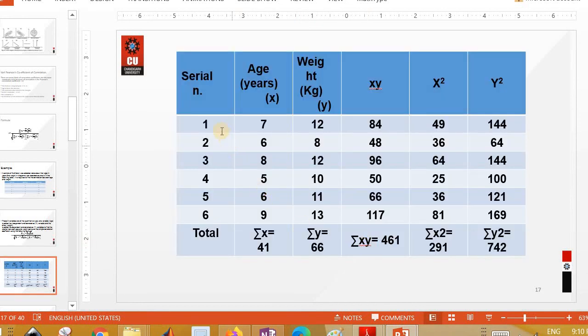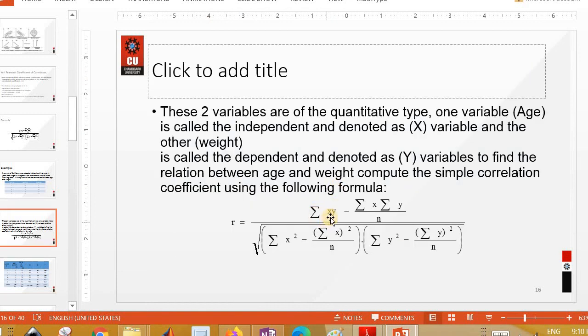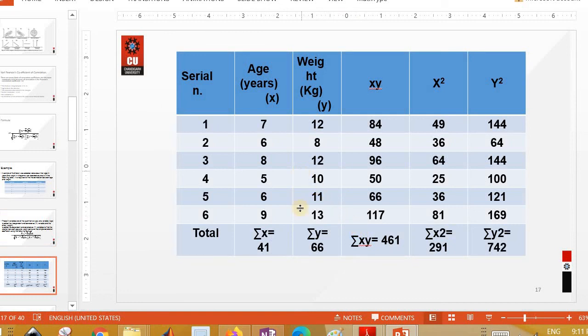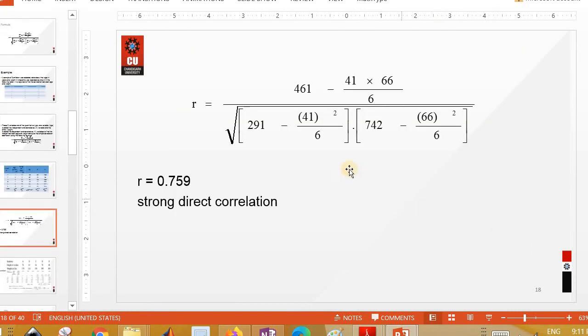Now we create our table with the terms needed, that is summation of xy, summation x, summation y, summation x square, summation y square. These are the terms we need to find in this table. Then summation x is 41, summation y is 61, summation xy is 461, and summation x square and summation y square are here. So after putting all these values in r, we get the value of r, and this is also closer to 1, so we say it is a strong direct correlation.